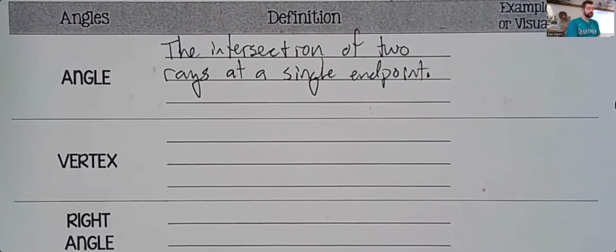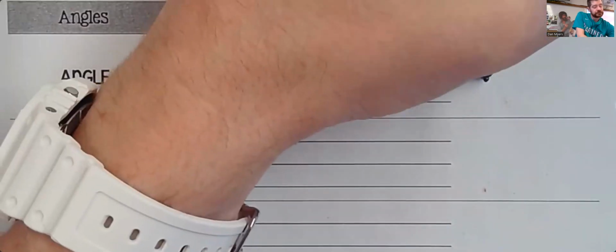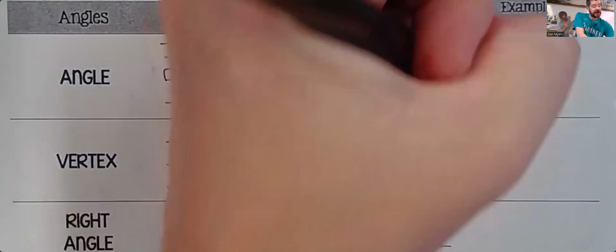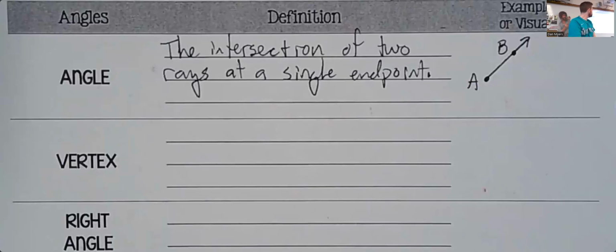I'll go ahead and use A and B again here. So A is our endpoint, and it goes through point B. So there's one ray. Definition-wise, it says two rays. So we need another ray on here. But they also intersect at a single endpoint.